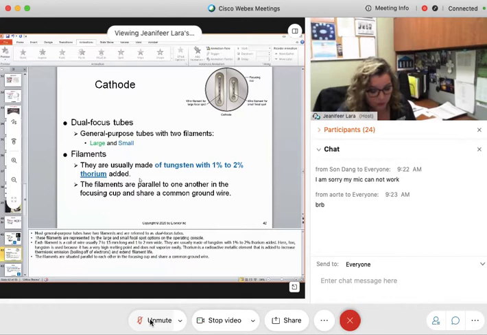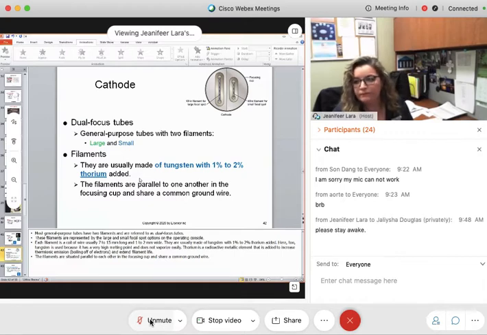Most tubes will have a dual filament system or a dual focusing cup. When you have a dual focus tube, you will have a large and a small.